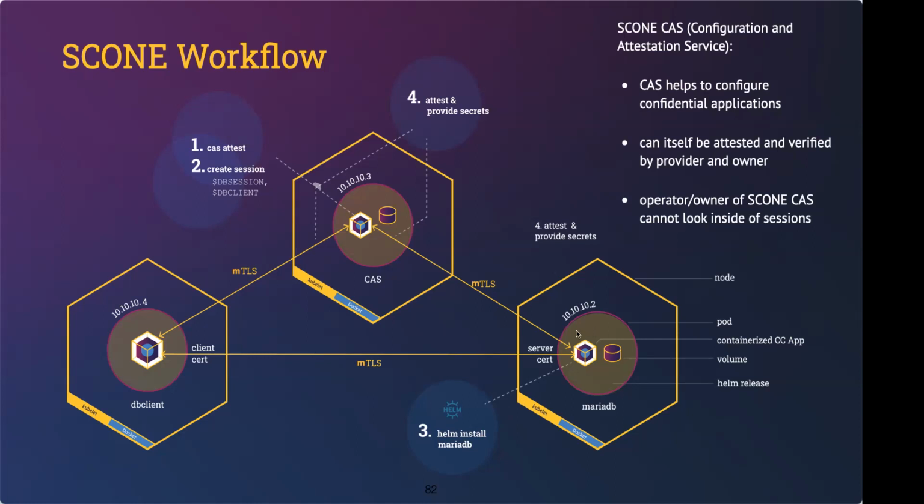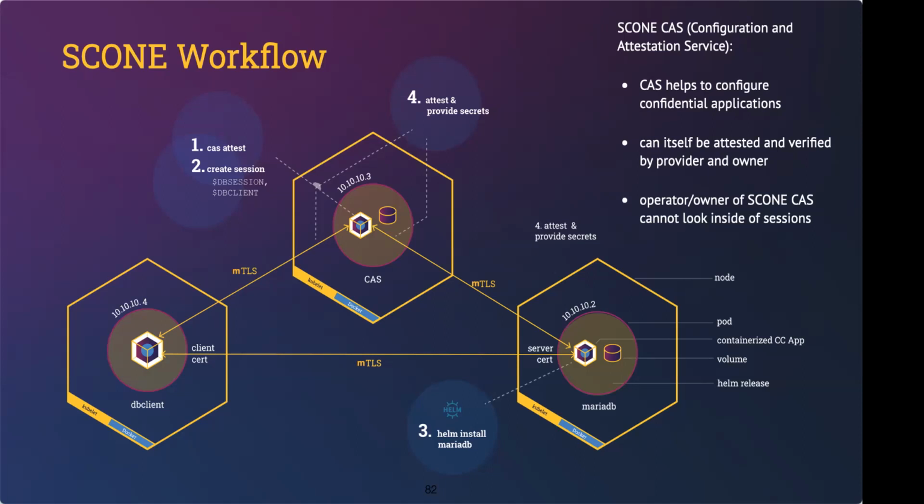And then MariaDB starts, and actually some runtime that is part of the MariaDB enclave, the SCONE runtime, will attest that MariaDB before MariaDB actually can run. And to do so, this is step 4, we go to the configuration attestation service and check, oh, do you have some secrets for us? Do you have the encryption key for the file system?